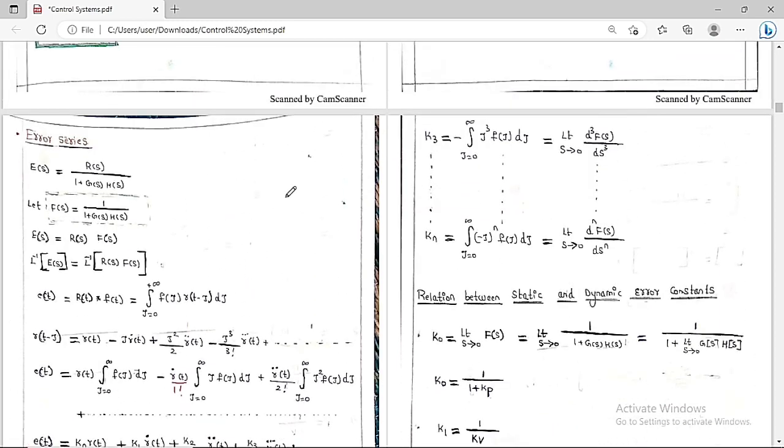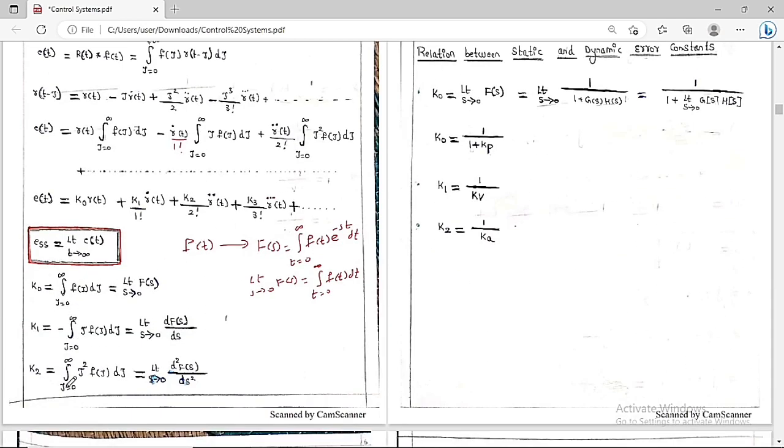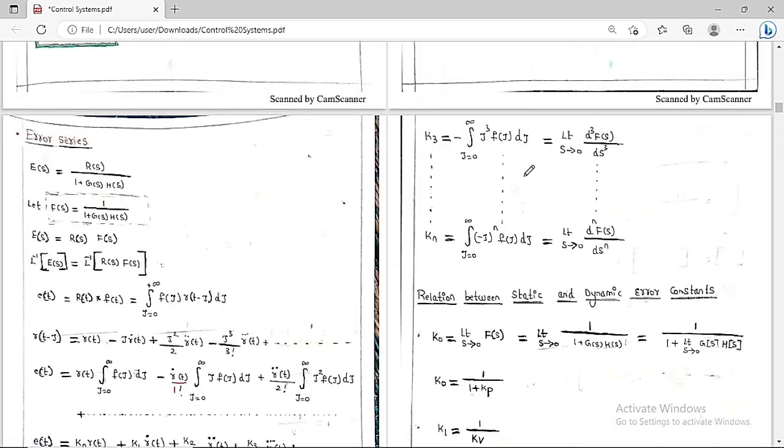Similarly, k3 is again minus integration from tau is equal to 0 to infinity tau cube into f of tau d tau, which is equal to limit s tends to 0 d cube F of s by ds cube. Listen carefully, the signs alternate, plus minus, like this.